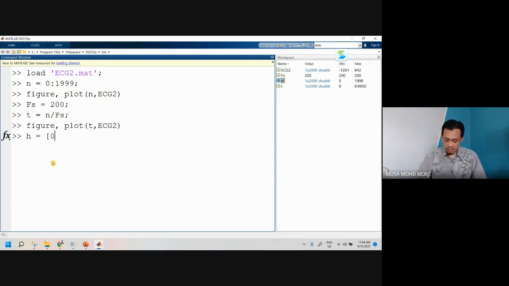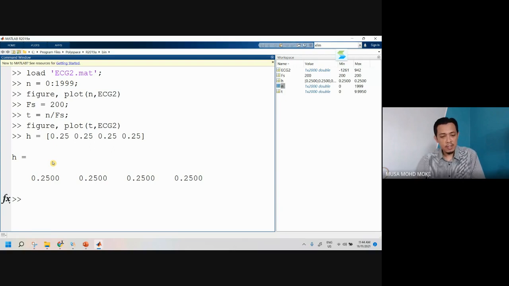Let's say this is our h(n). Is this FIR or IIR? Our impulse response here. This is one of the most important things now.